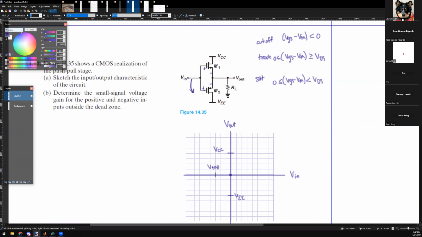Before that, as this guy goes down, will the NMOS ever turn on? No, because the NMOS requires a higher positive voltage above ground to turn on. So it'll just be flatlined at 0. The output will stay 0 because this resistor is helping it stay 0 until this guy turns on.